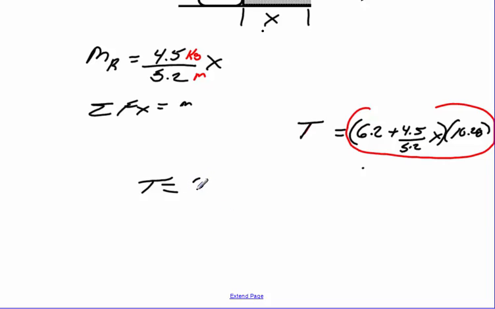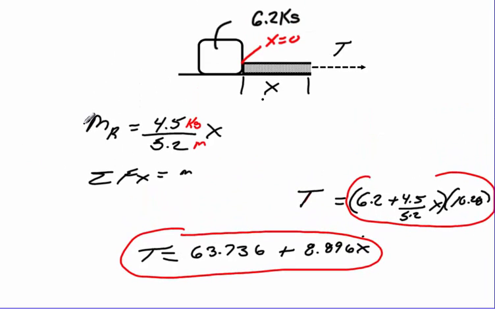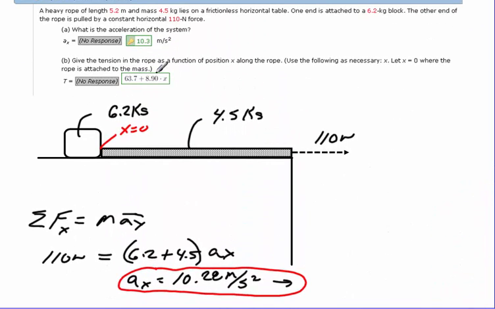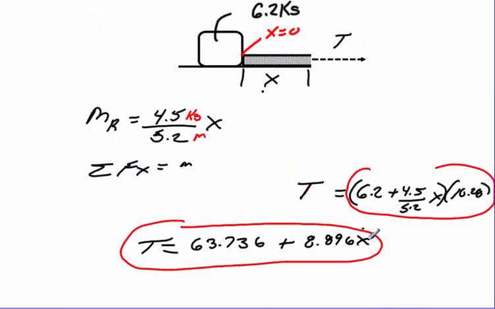That gives me 63.736 plus 4.5 divided by 5.2 times my 10.28, which gives me plus 8.896 times x. So that's the tension in the rope at a distance x from this end. We'll check that answer: 63.7 plus 8.9 matches exactly what I got.